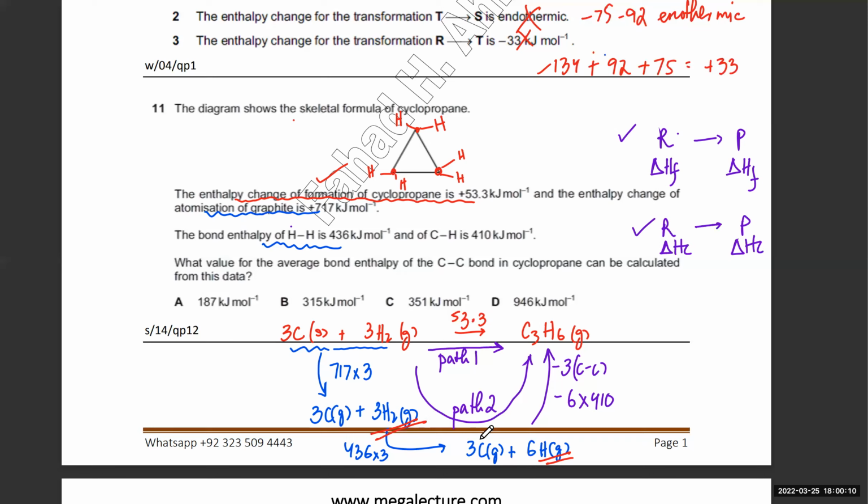Path 1 is equal to path 2. So it's 53.3. What is it equal to? What's the other path?